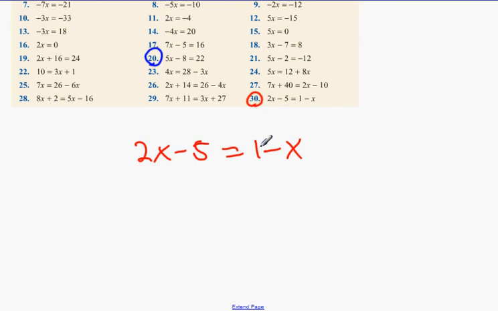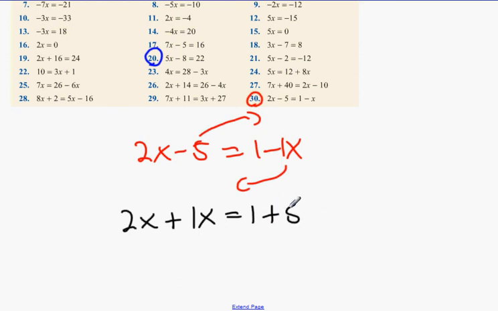So, this is not an x, it goes over. This one is an x, it's minus 1x, isn't it? It goes over to your side. Now here's what happens. 2x plus 1x becomes 3x. 1 is still there, right of the equal sign. Minus 5 becomes plus 5.